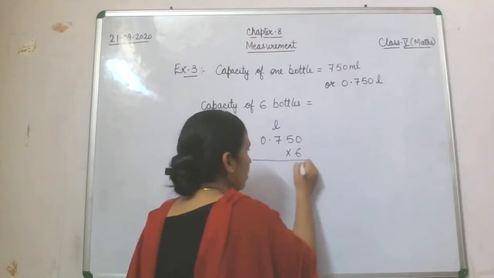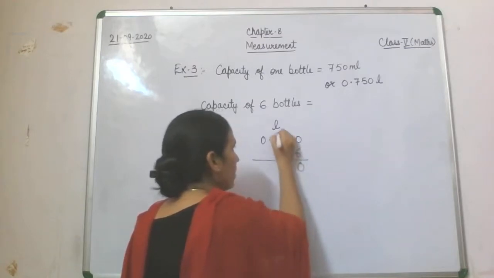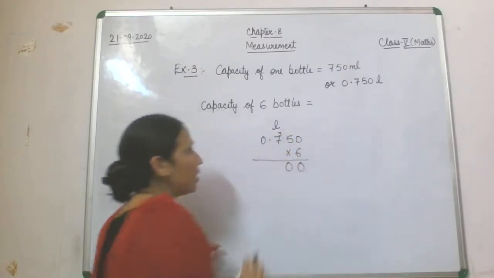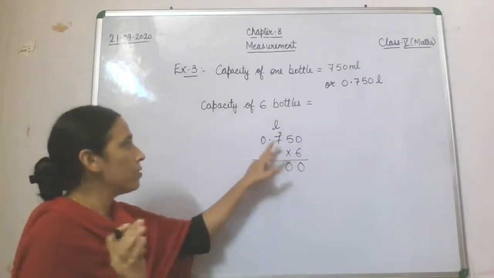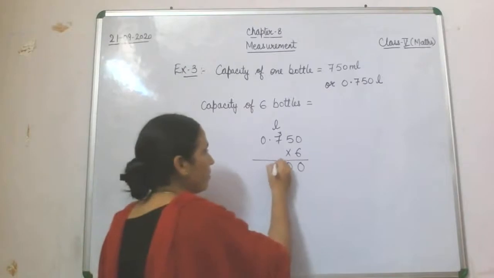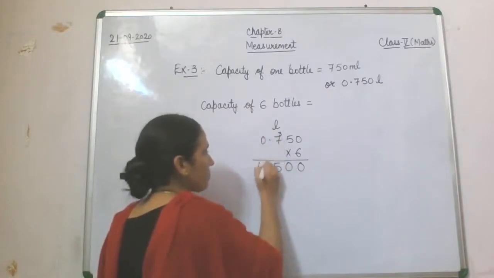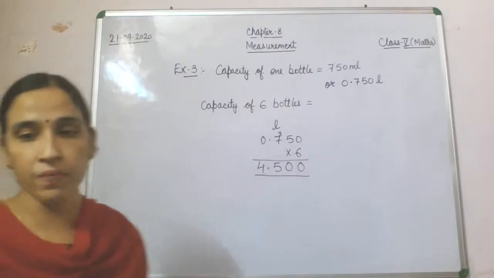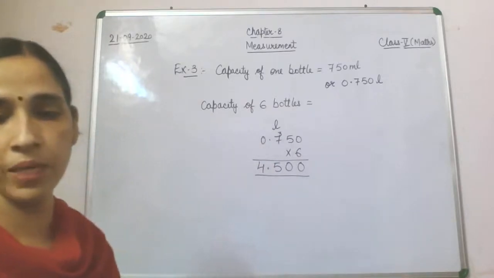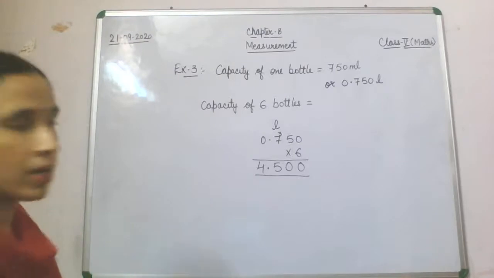Now 6 zeros are 0, 6 fives are 30, 6 sevens are 42, 42, 43, 45, 4. So this 4.500, that will become the capacity of 6 bottles.